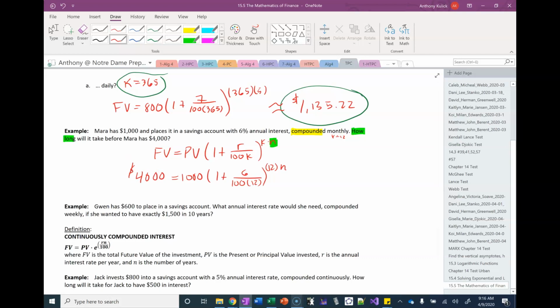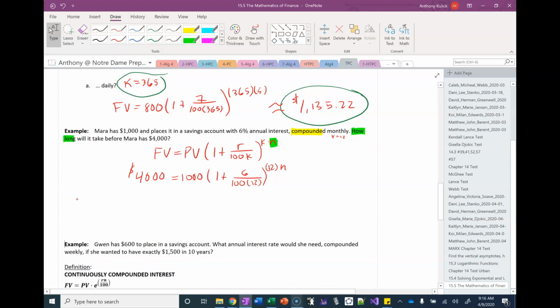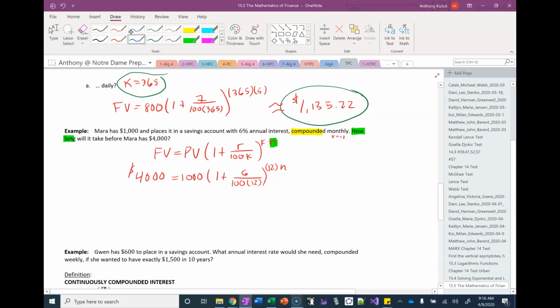So this is just solving an exponential equation. We just got done doing this in the previous section. So the first thing that we need to do is get the exponential part by itself. So this is the exponential part. So what we need to do is get rid of that 1,000.